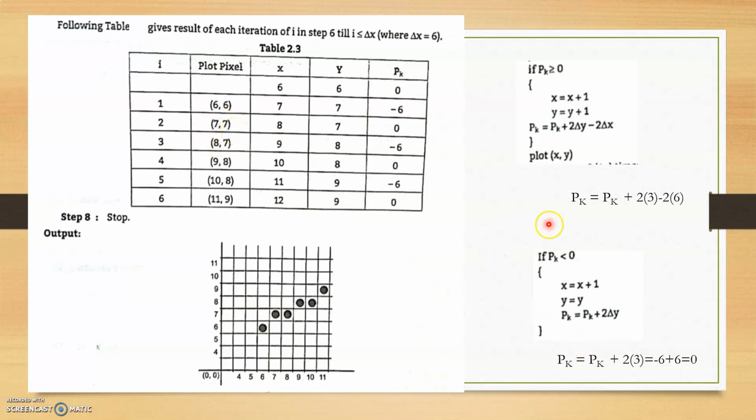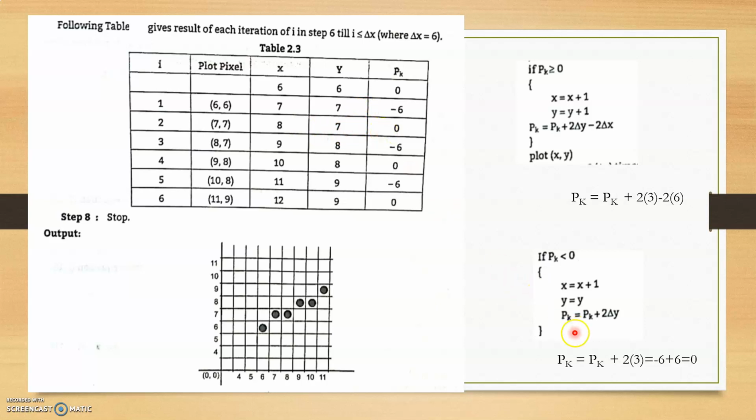So again you have to calculate the value of pk. Here our pk is less than 0, so we will follow these commands. So x will be incremented by 1, from 7 to 8, and y will remain the same.